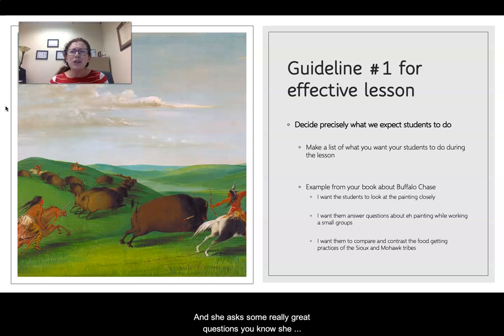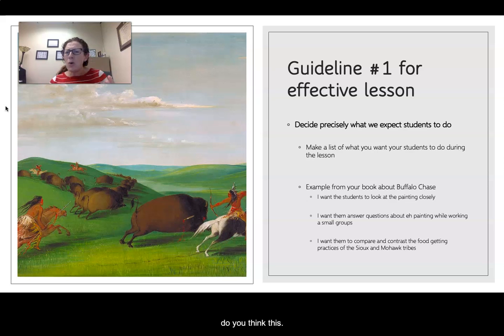And she asks some really great questions. She asks about what are these people wearing? How are they hunting these buffalo? What are they doing? What weapons are they using? But then she asks things like, what do you think if you were there in that painting? What would you be hearing? What would it be like? What would you be smelling and seeing?